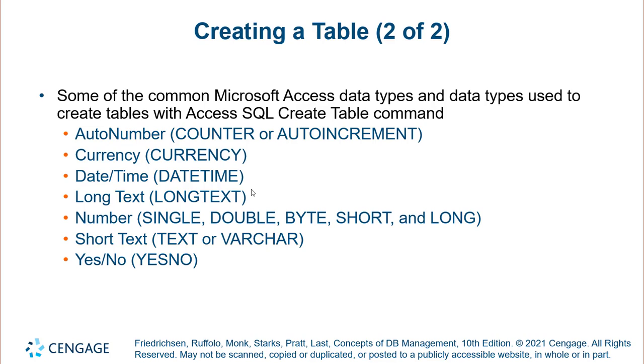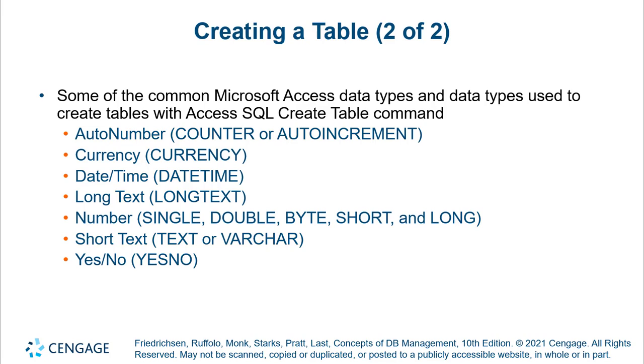So when we're creating our table and then we set up our columns, we need to associate a data type to each of our columns, to each of our fields. And so here's a look at some of them: auto number, currency, date, so on and so forth.